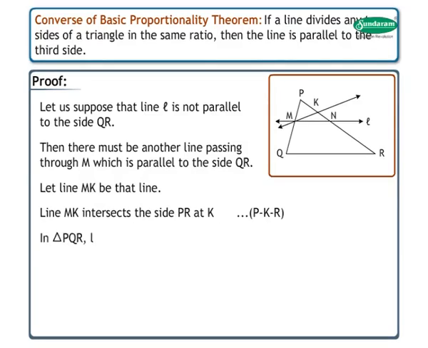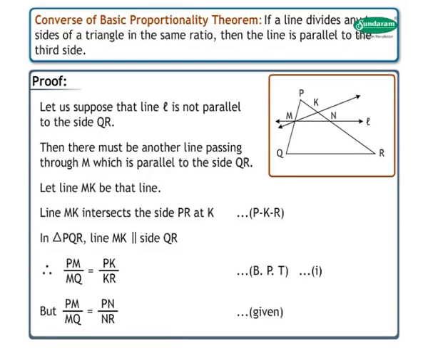Now, in triangle PQR, line MK is parallel to side QR. Therefore, by applying basic proportionality theorem on triangle PQR, we get PM upon MQ is equal to PK upon KR. Let us mark this statement as 1.